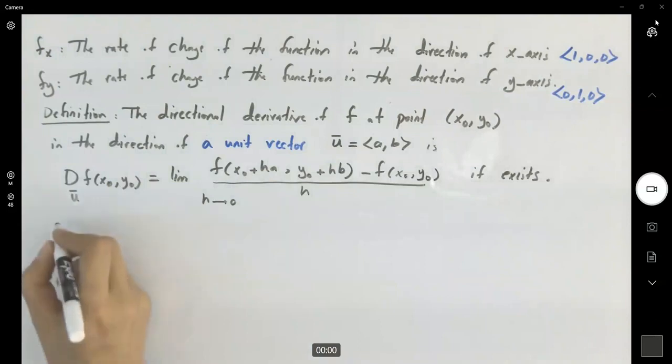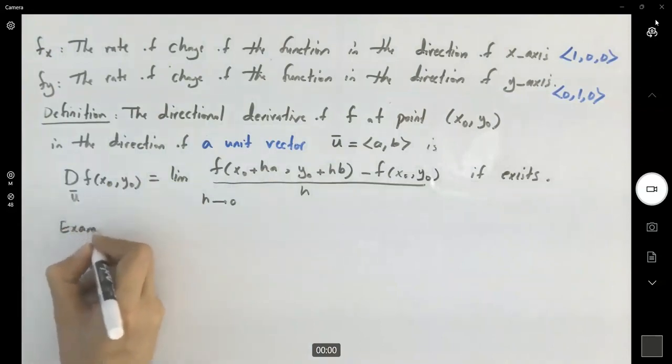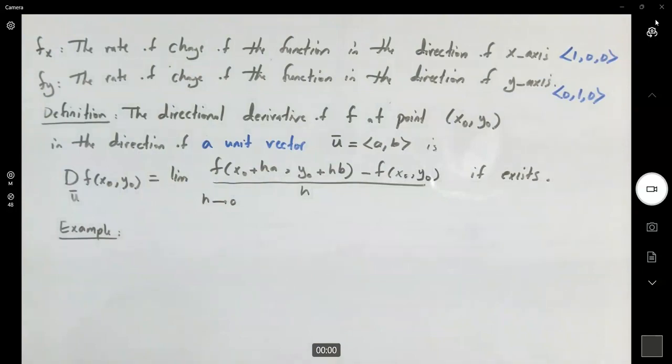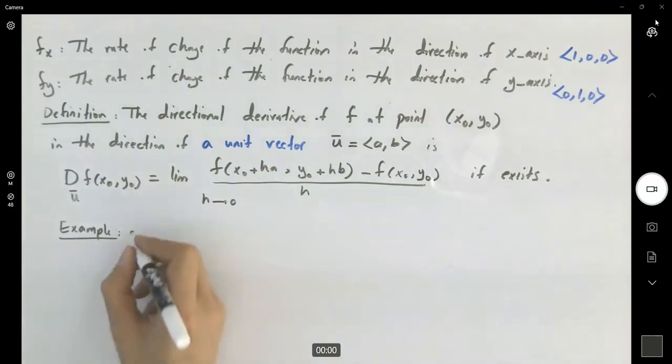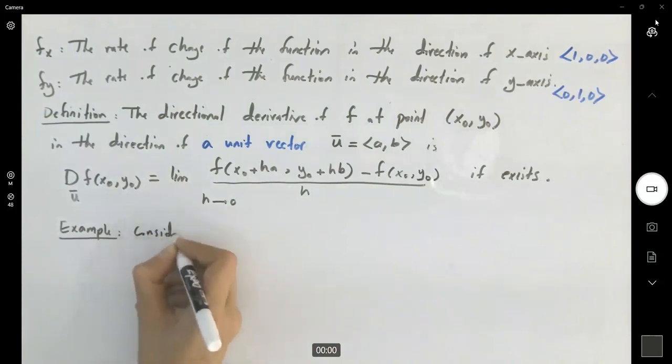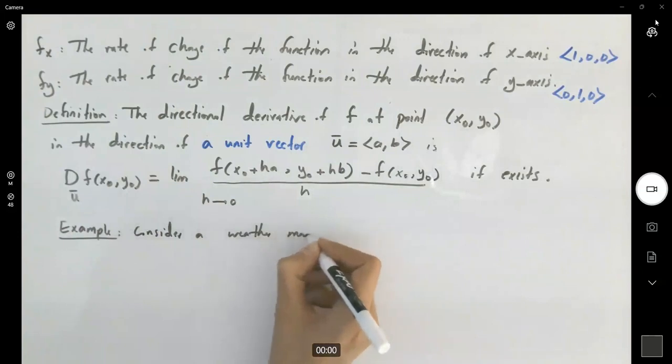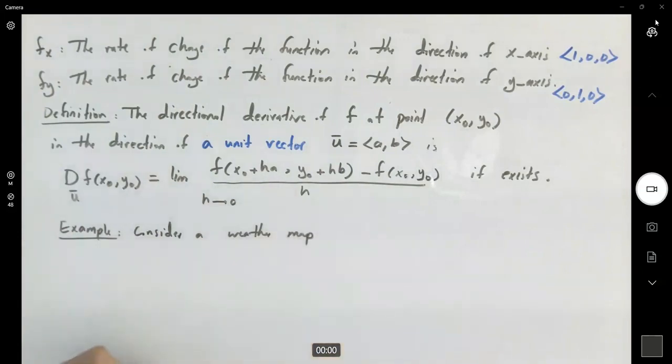Example. Consider a weather map. This weather map is given this way.